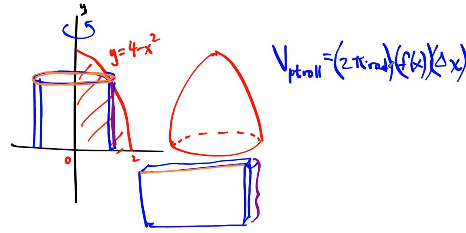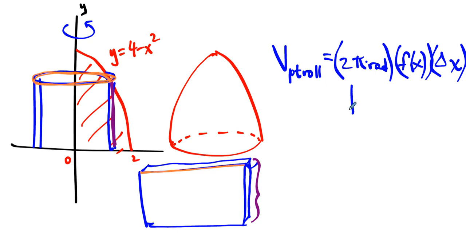So what happens? Well, we nest a bunch of these paper towel rolls inside each other, and we create this solid from a bunch of nested paper towel rolls. To do that, we have to make the paper towel rolls thinner and thinner, which means the delta x gets smaller and smaller, which means there are more and more paper towel rolls.